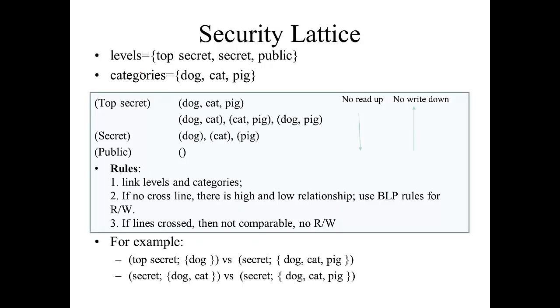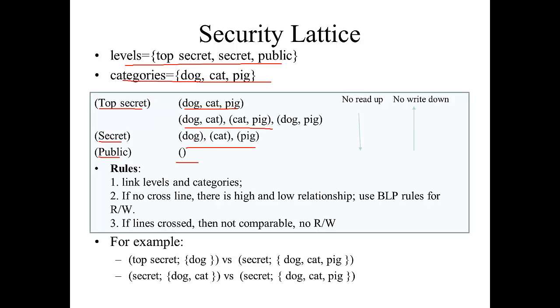For example, we have levels like this one. Okay, 3 levels. Then categories, we have 3 categories. Then we put the levels like this. Then put the categories on this side. See, this is the dog, cat and pig category. This is the dog category, cat category, cat and pig category, dog and pig category.